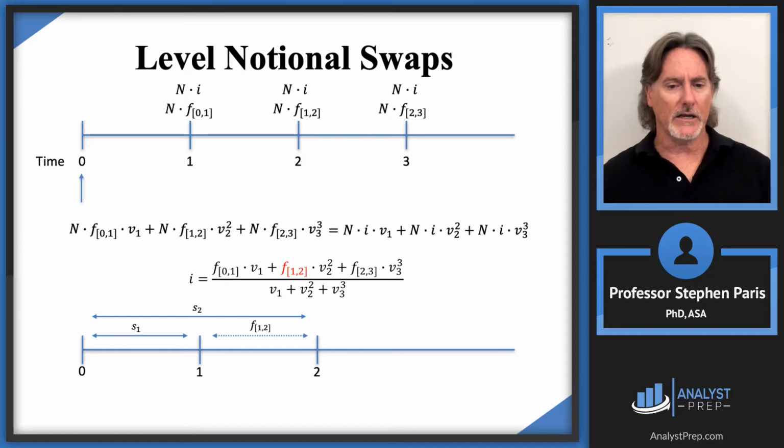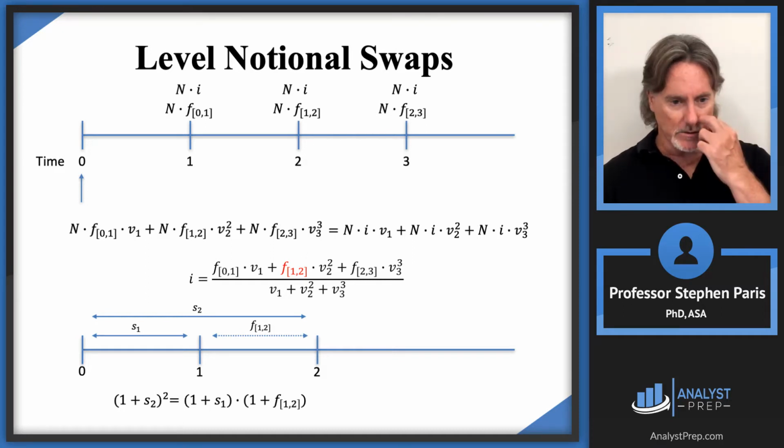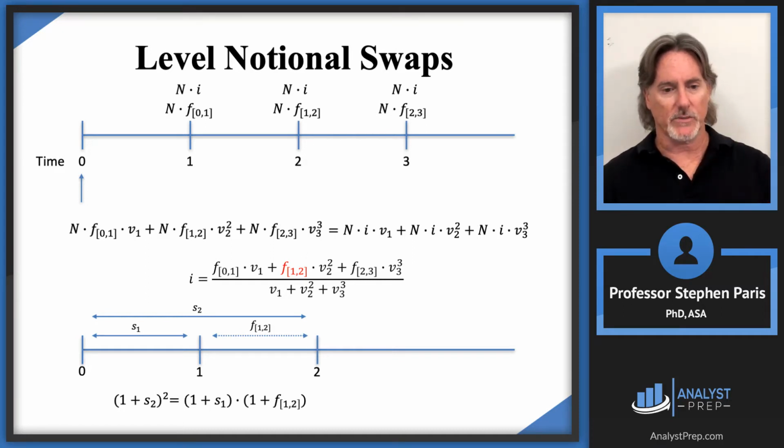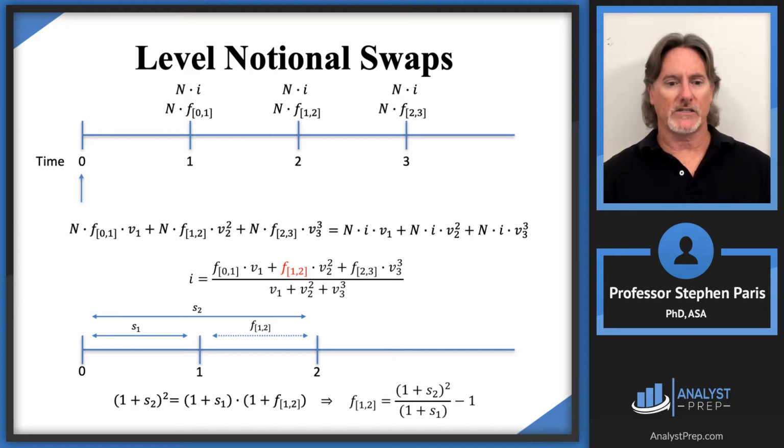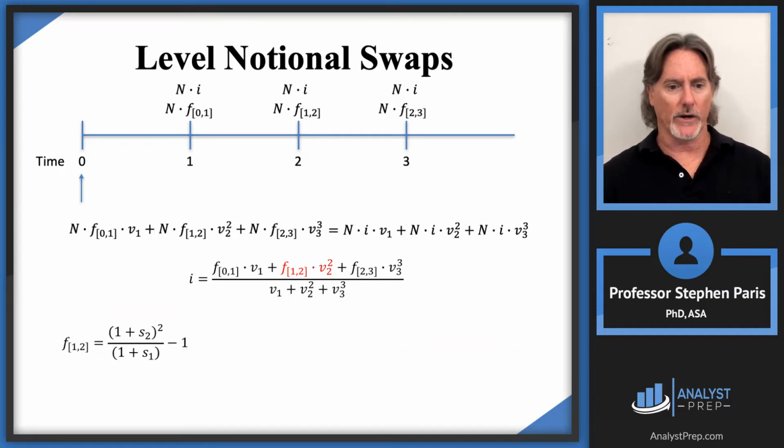I can accumulate directly from time 0 to time 2 using 1 plus S sub 2 squared, or I could accumulate from time 0 to time 1 using 1 plus the 1 year spot rate, and then accumulate from time 1 to time 2 by taking 1 plus the forward rate. So when I solve for the forward rate in this equation, I would do so by dividing both sides of this equation by 1 plus S sub 1, and then subtract 1, and that's what I get for the forward rate. So let me take out the timeline, get a little bit more room, and move the formula for the forward rate up.